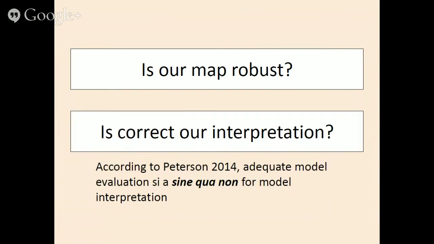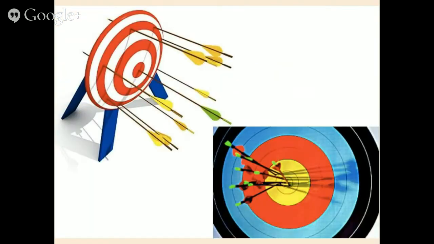Is our interpretation correct? I would like to cite Peterson 2014, who says that adequate model evaluation is a sine qua non for model interpretation. So you must do this if you are going to publish maps showing diseases.